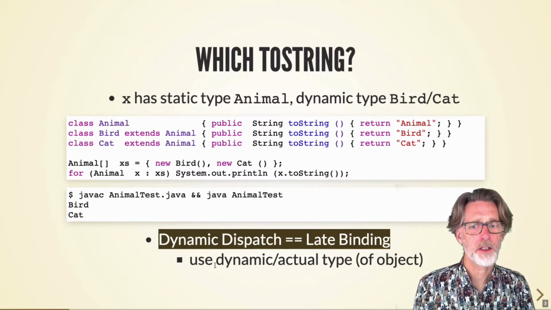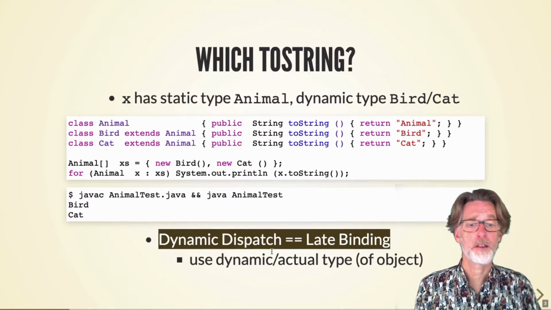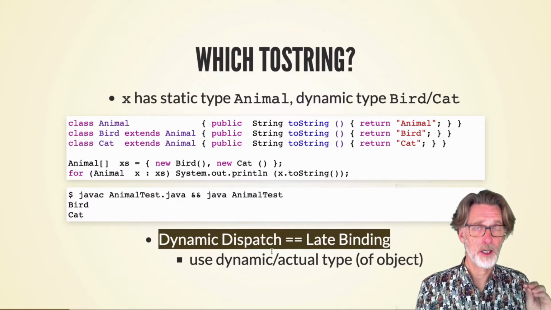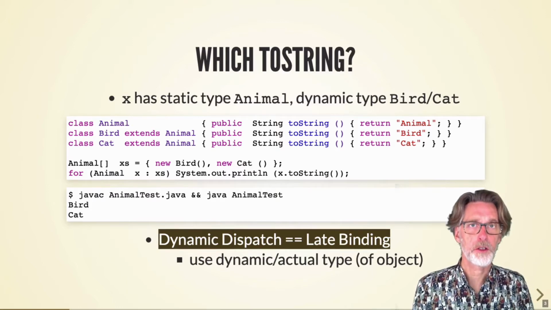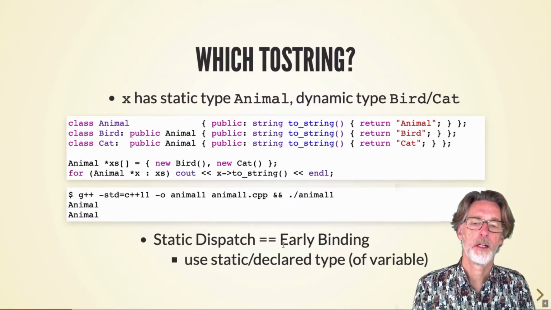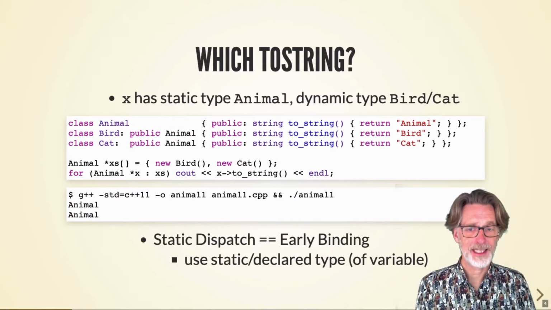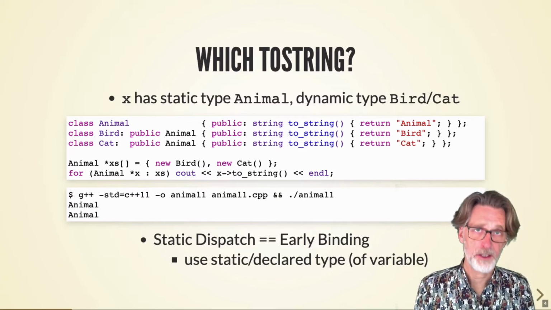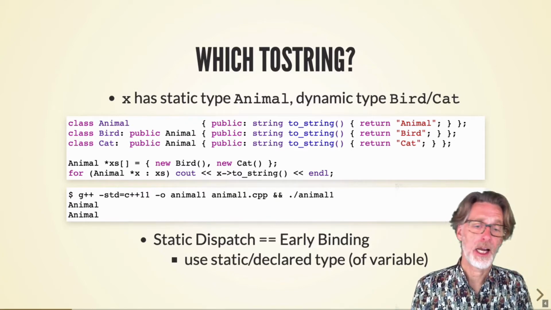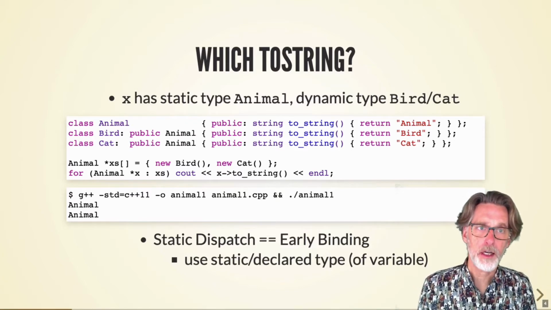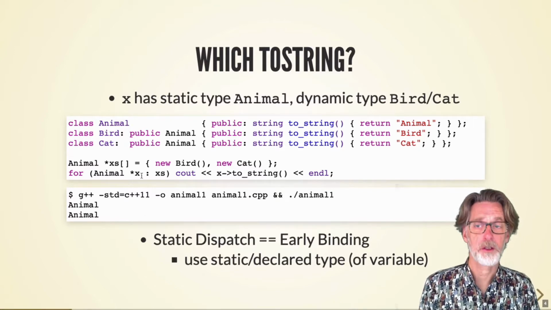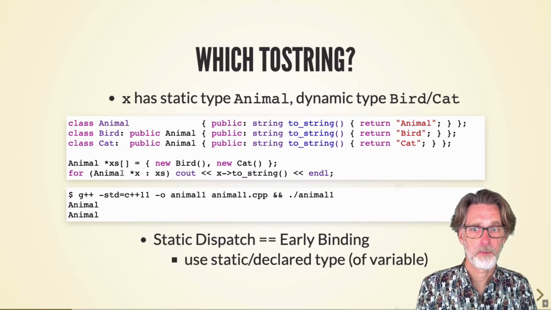And what we're doing here is using the dynamic type of the object or the actual type of the object in order to determine which method to invoke. This is in contrast with the default behavior of C++, which uses static binding or static dispatch or early binding, and these use the static or declared type of the variable to determine which method to invoke.